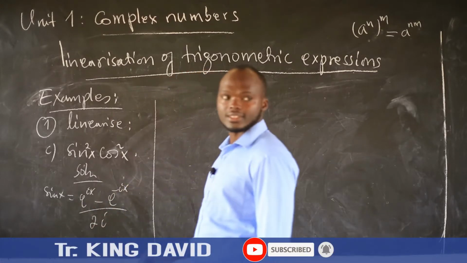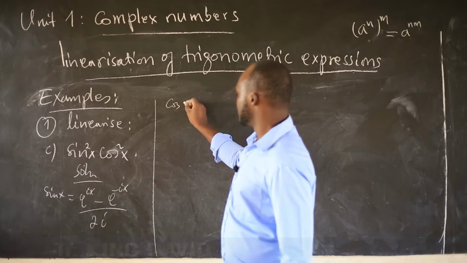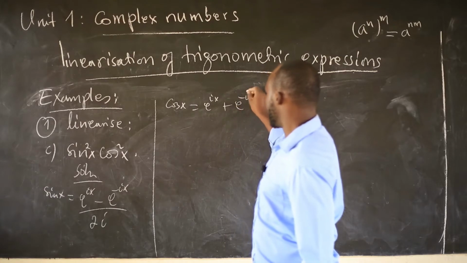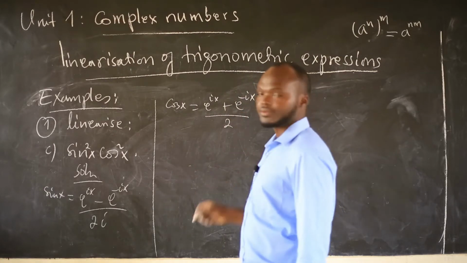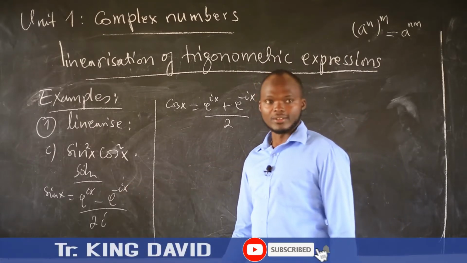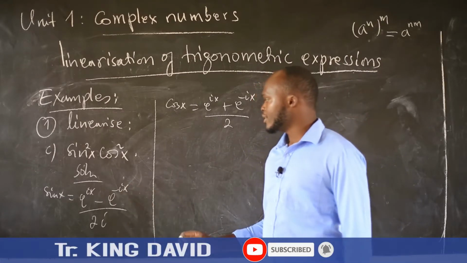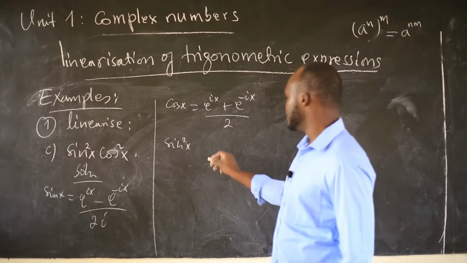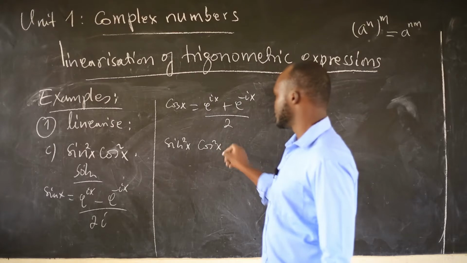Then the value of cos x is e power ix plus e power negative ix divided by 2. So now, after writing down the value of sin x and cos x, what is sin squared x times cos squared x?